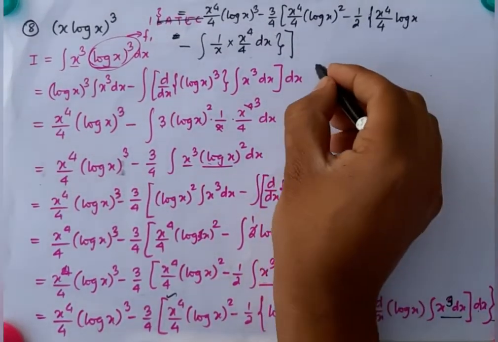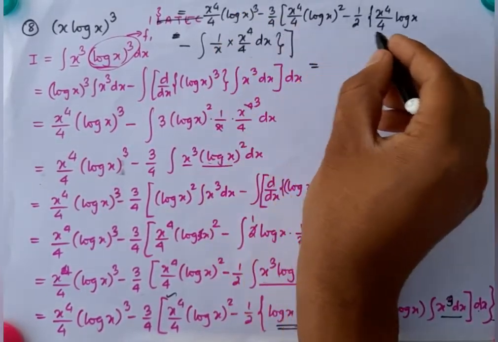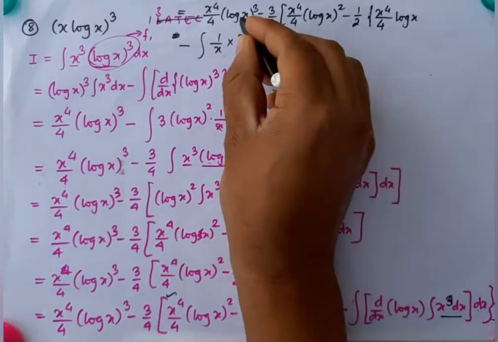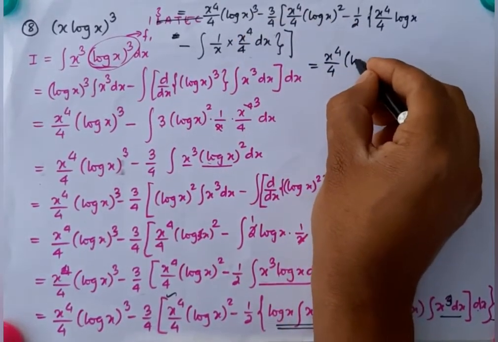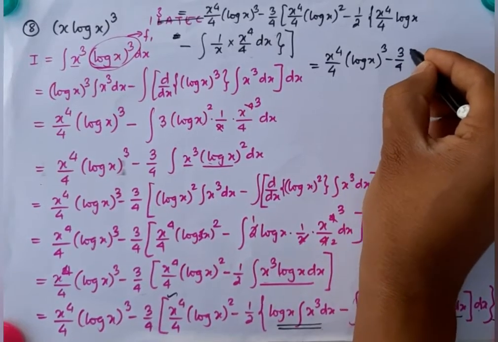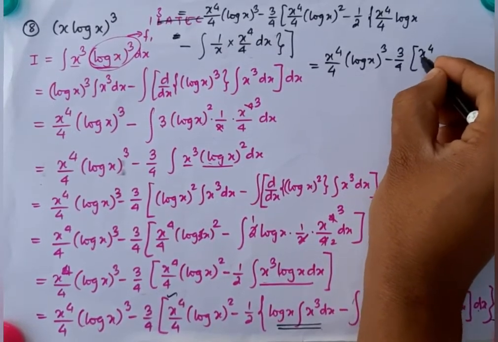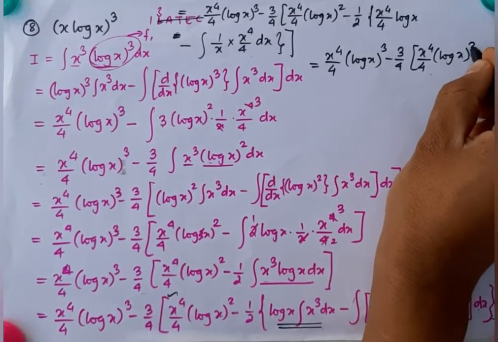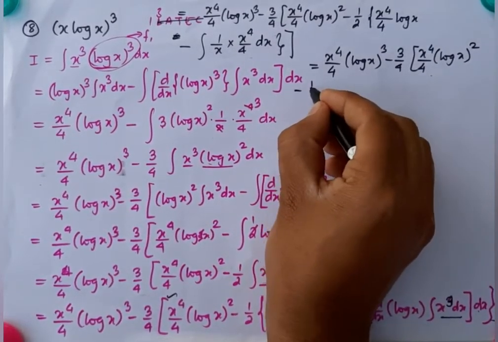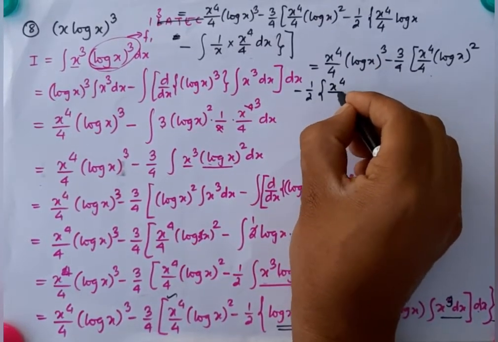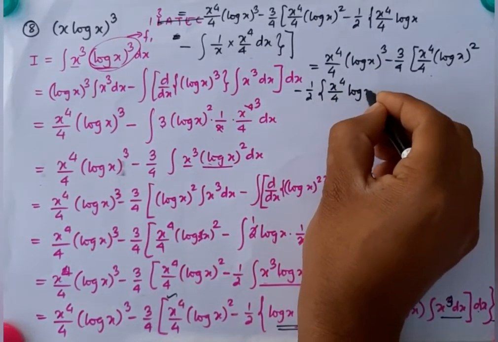So this will remain x to the power 4 by 4, everything I'm coming from the front only. So this is log x cube minus 3 by 4, x to the power 4 by 4 log x square minus half, this is there, x to the power 4 by 4 log x.